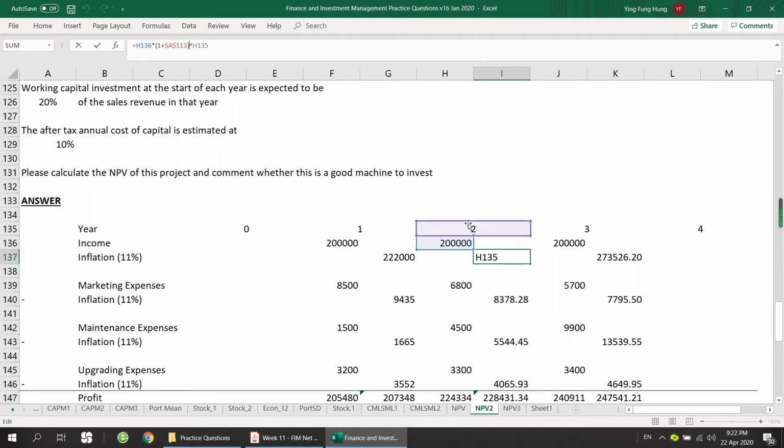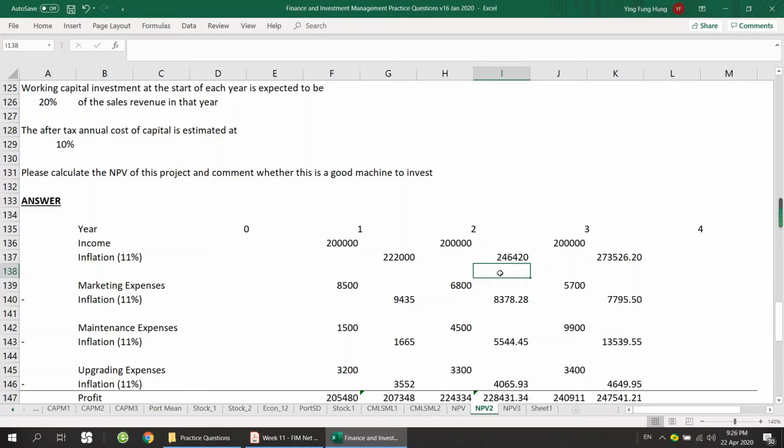Which means that this 200,000, we have to multiply by 1 plus 11% for the first year, and then multiply by another 1 plus 11% for the inflation rate in the second year. Then this will give us an answer of 246.42 thousand.